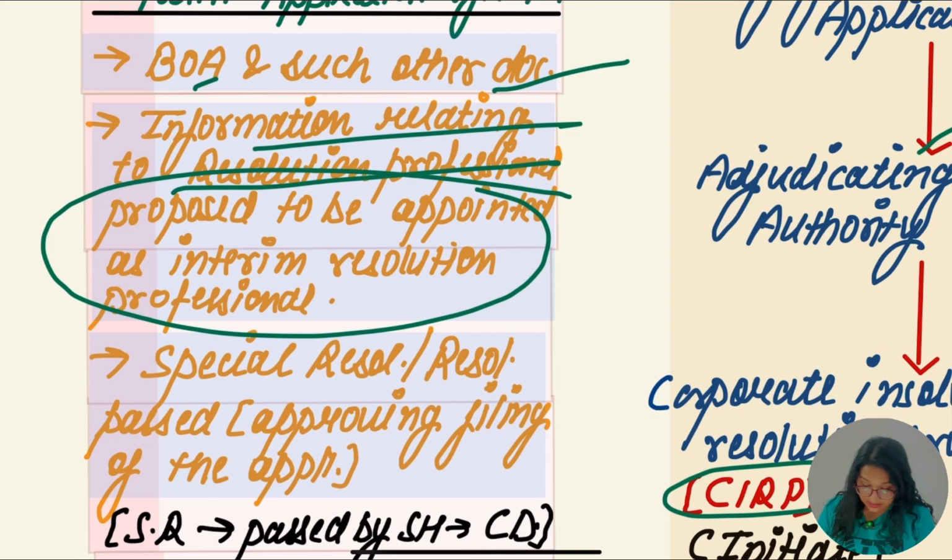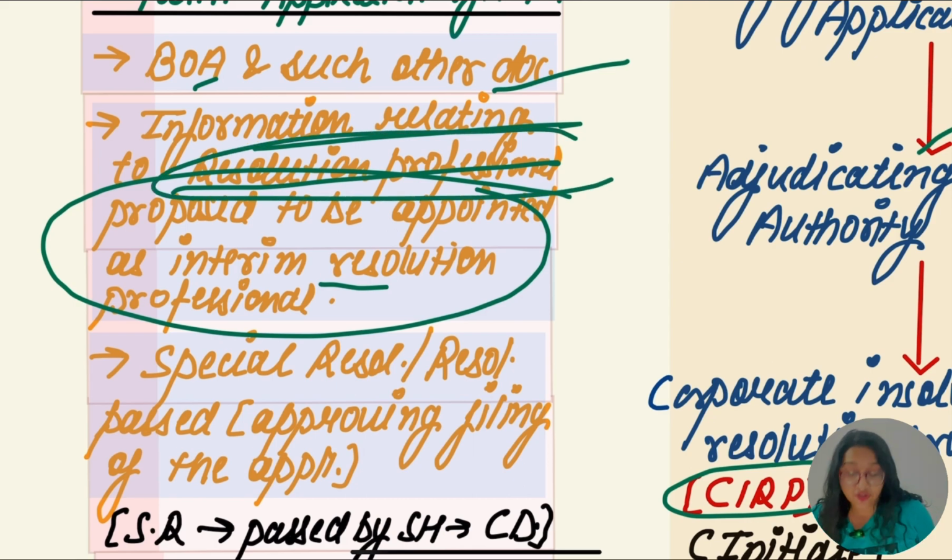This is actually similar to the section 7 and section 9 points. First of all, books of accounts and other documents. Then the name of the interim resolution professional, the proposed name of the person who is going to be appointed as resolution professional. So the name is to be given.